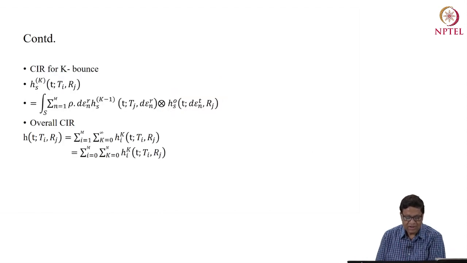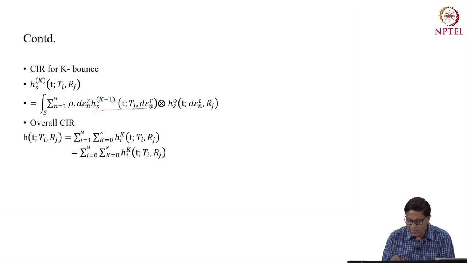So if I calculate for k bounces, the way I had done for the earlier case, that will be given as the convolution of k minus 1 bounces involved with HS0. And for every Tj, there is only one Rj.